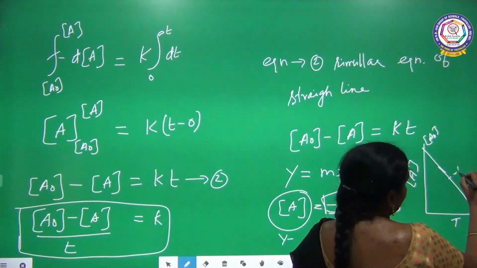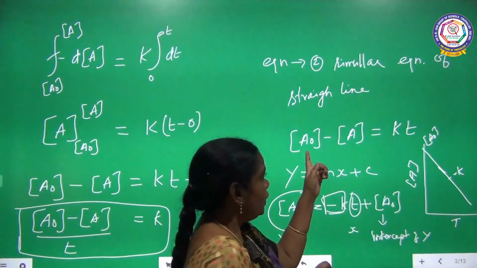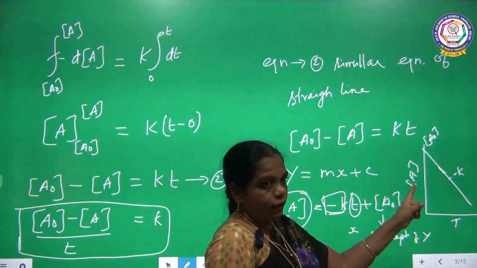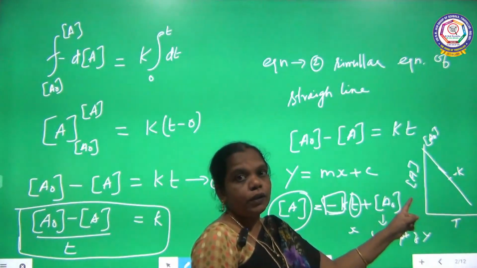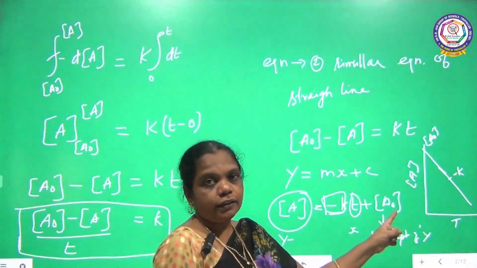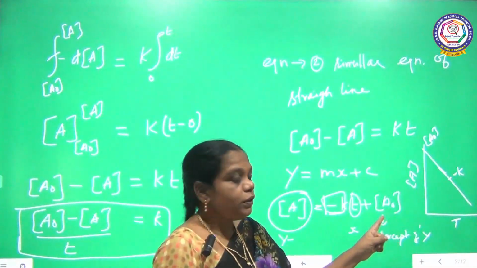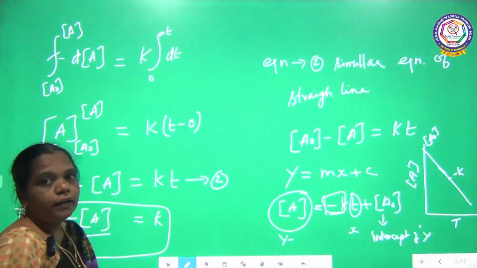So this gives the k value. By using the values of this equation, you can draw the straight line. We can find the slope. From the slope you can find the rate of the reaction at an instant of time. So this is the equation for the zero order reaction.